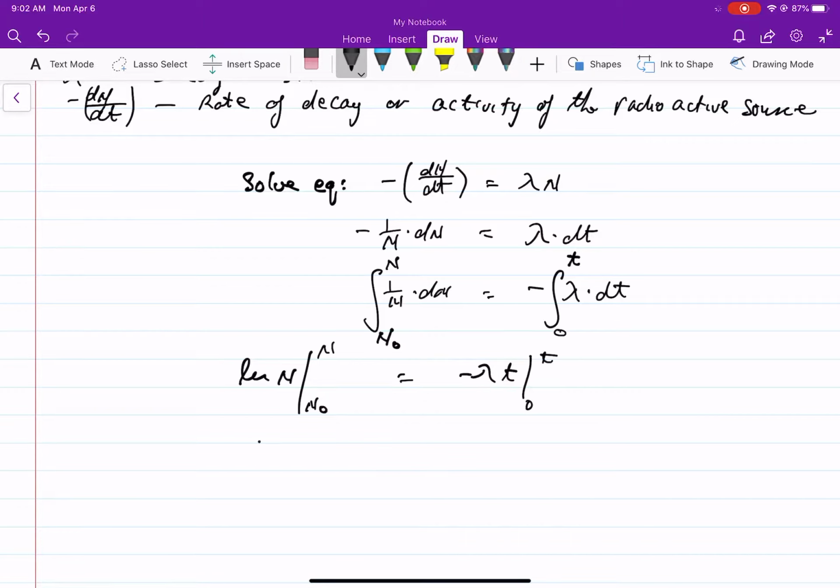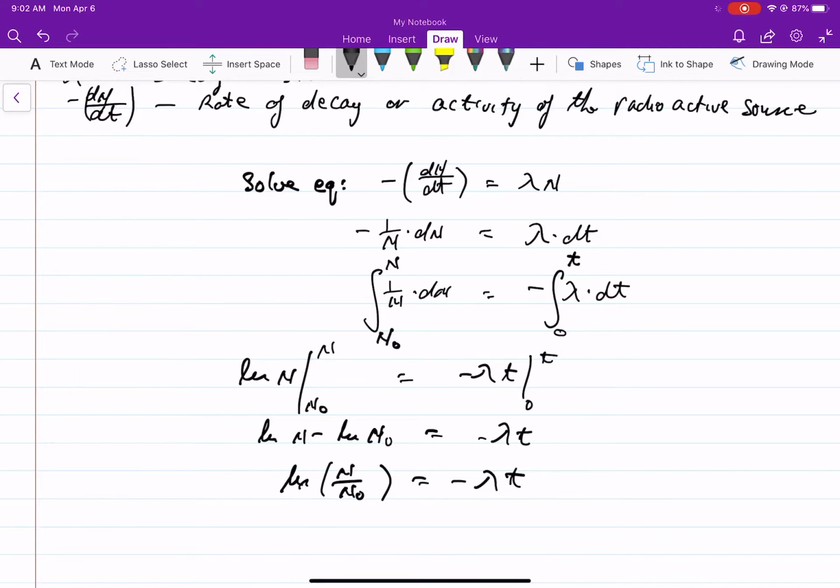Plugging in my limits, ln N minus ln N0 is equal to minus lambda t. Plugging in the lower limit of 0, you get 0. Laws of logs give me ln of N upon N0 being equal to minus lambda t.